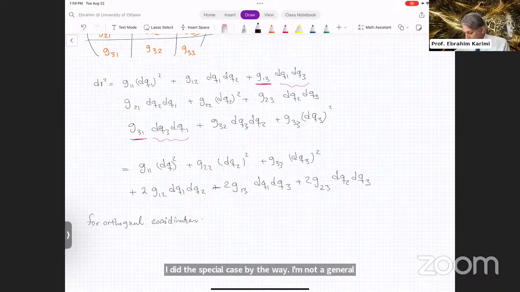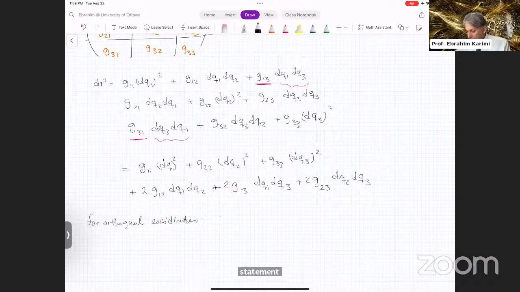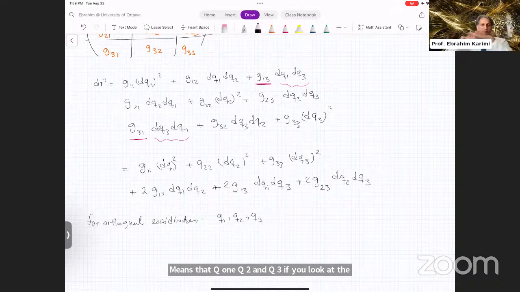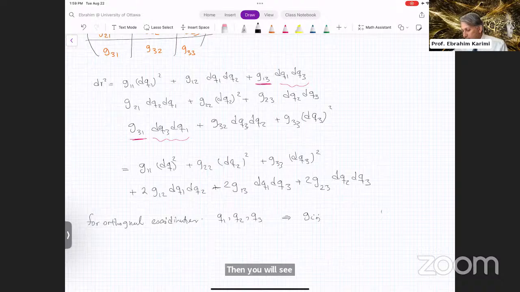Orthogonal coordinates means that if you look at the constant planes of Q1, Q2, and Q3, they form an orthogonal situation, then you will see Gij for i not equal to j is equal to 0.